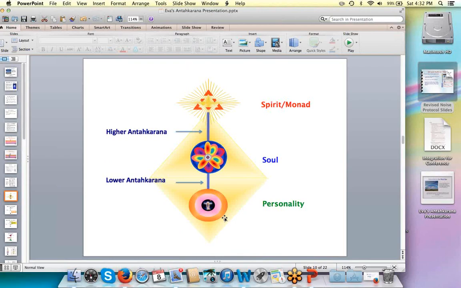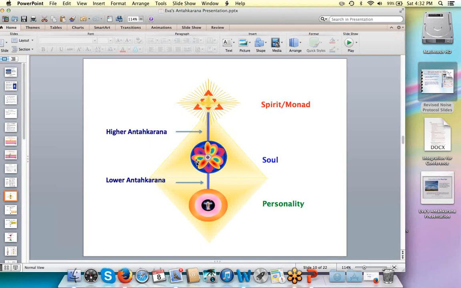And that personality integrates and coordinates these three lower vehicles. Now, our job then is to move from the personality to the soul via this lower Antahkarana. And that is what we do constantly. We are constantly projecting to the soul. The minute you project your mind to the soul, you are moving through supposedly your Antahkarana.